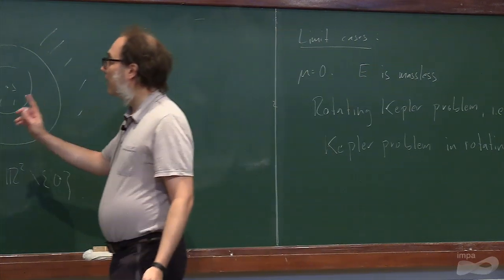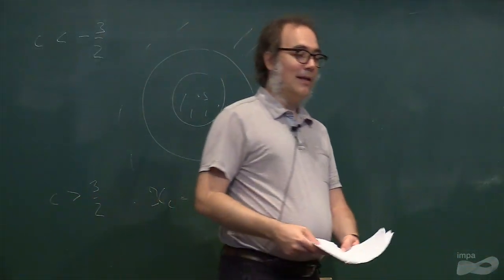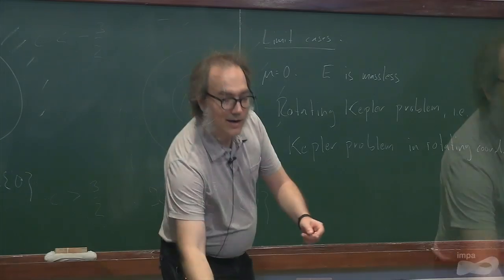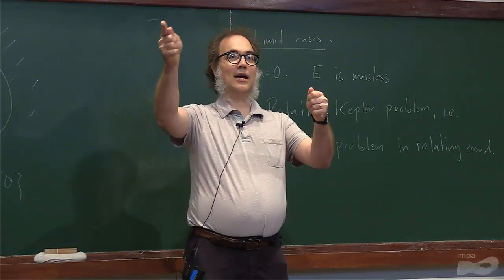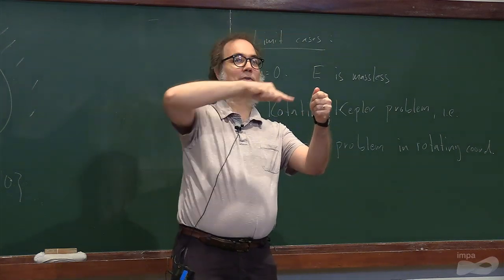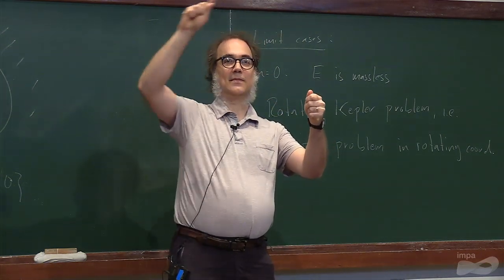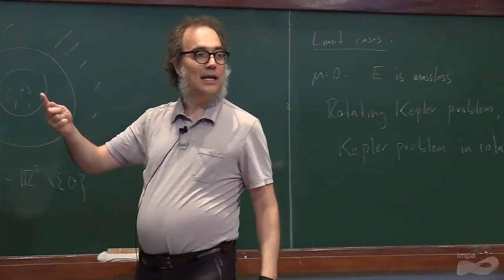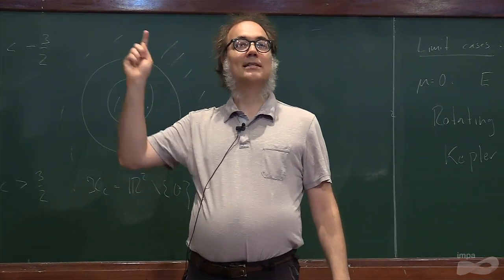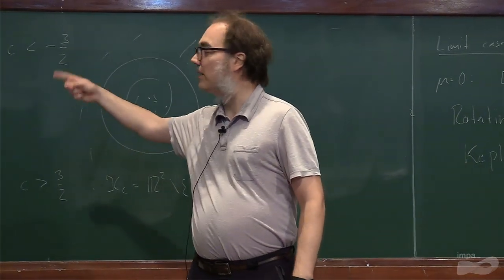In the rotating Kepler problem you have ellipses, but now the system is rotating, so the ellipse makes something like this. And it might close up or might not close up. It precisely closes up if the period of the ellipse is a rational multiple of 1.